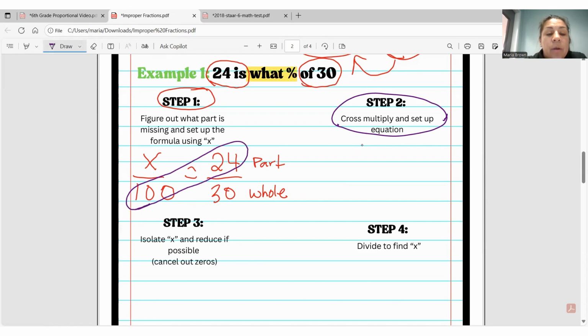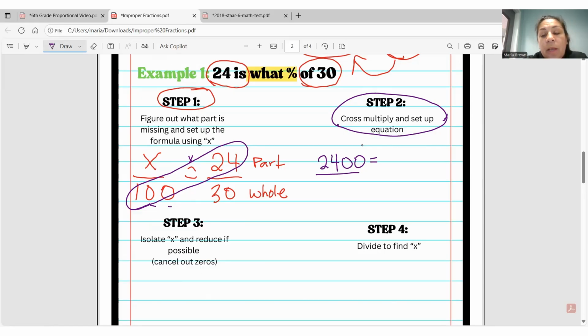So here we go, 100 times 24. 24 times 1 is 24, and then we have 2 zeros. So 24 times 100 equals 2,400. That's our first part.